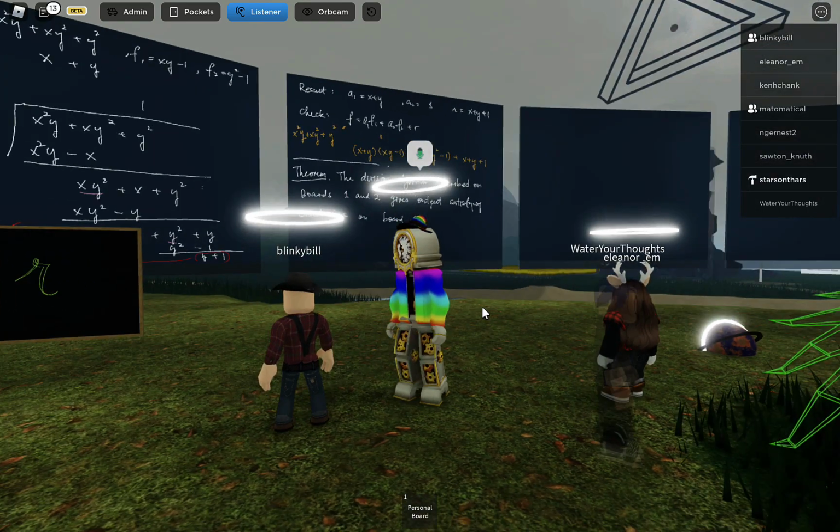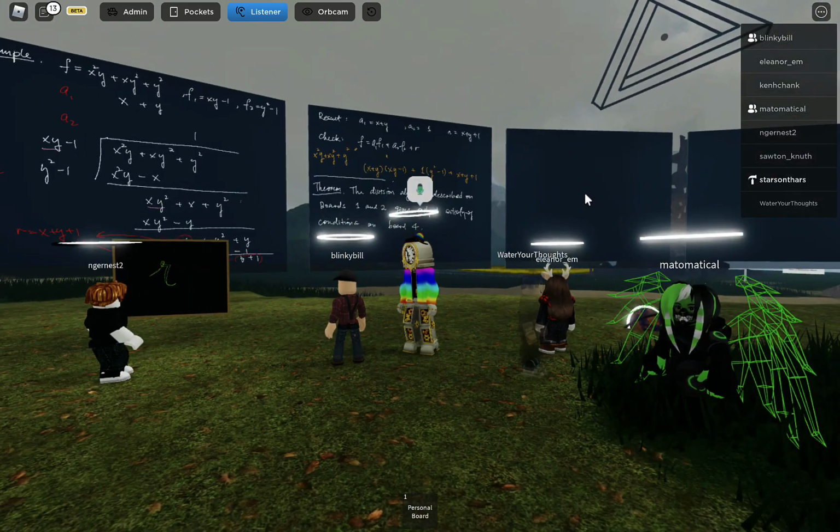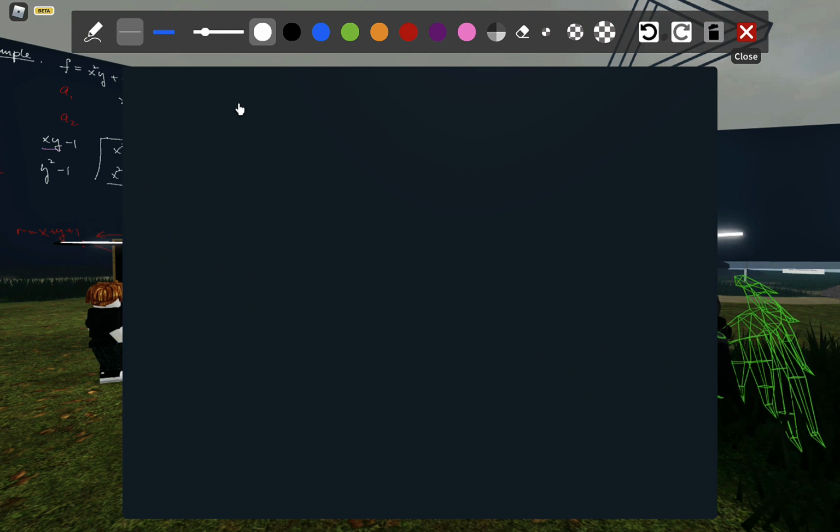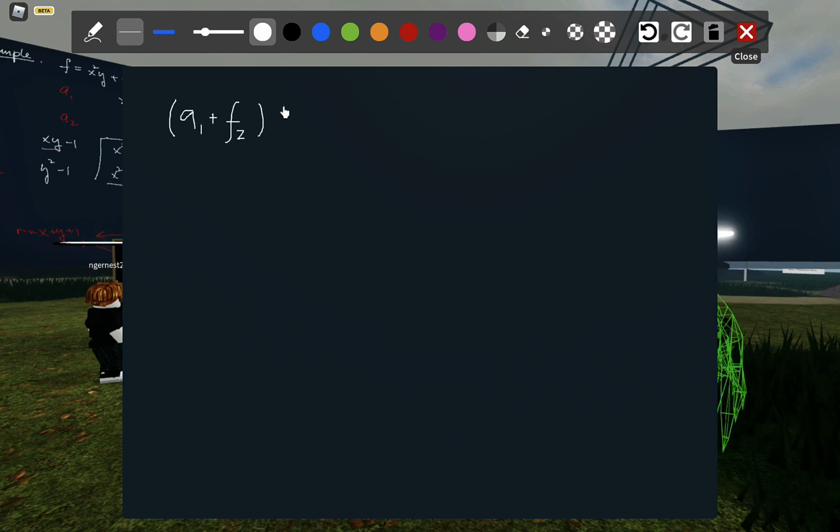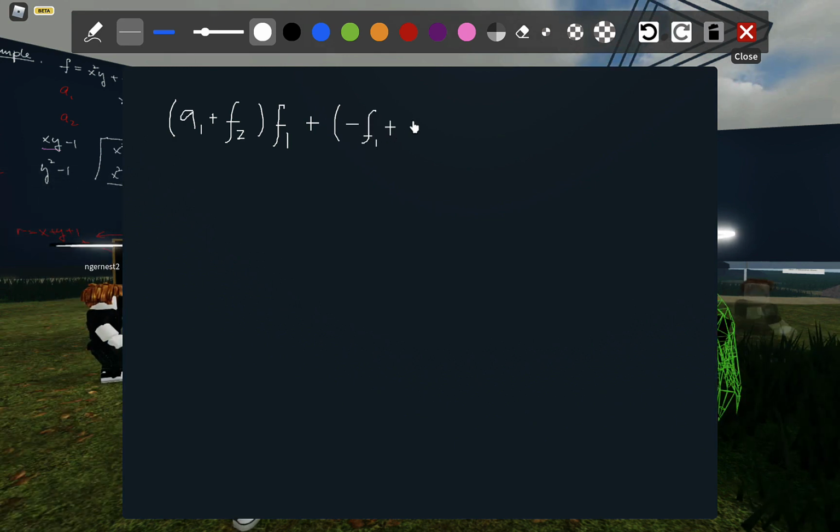The reason that's there is to stop you doing some naughty business. For example, I'm on the third board here. You take A1, you add F2 to it, but then you could also subtract F1 here. And so you can do business like that.